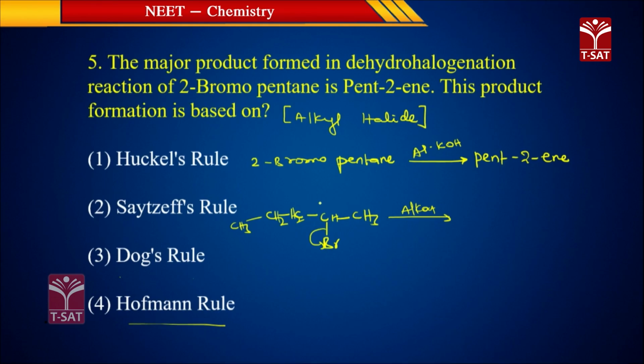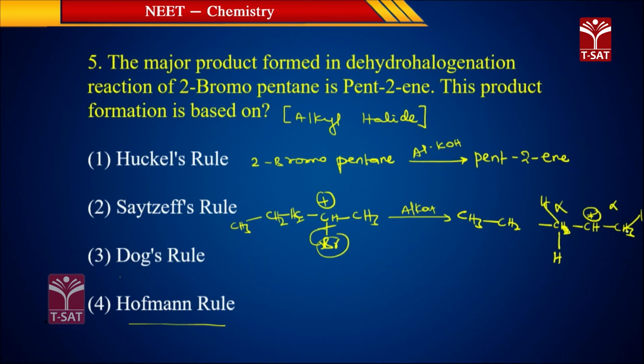Here you will get a plus charge. Br minus will be the leaving group, so that you will get CH plus. I am writing here CH3, CH2, CH2, CH plus, CH3. So these 2 are alpha carbons. From the alpha carbon, hydrogen is eliminated. For example, here 1 hydrogen is there, here 2 hydrogens, and CH3 means 3 hydrogens.